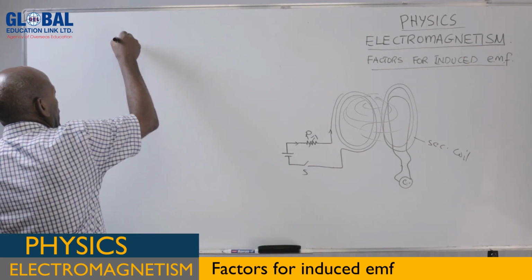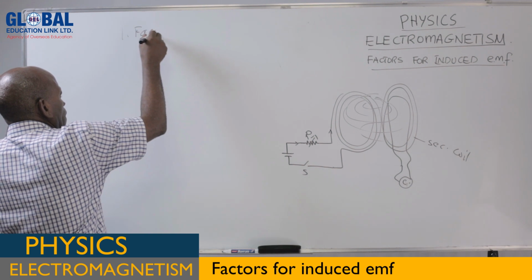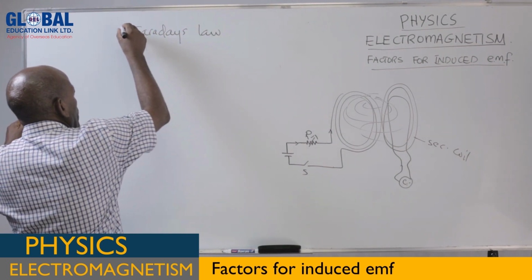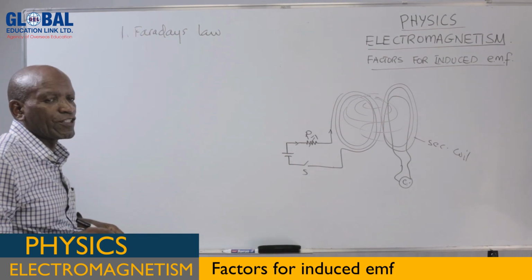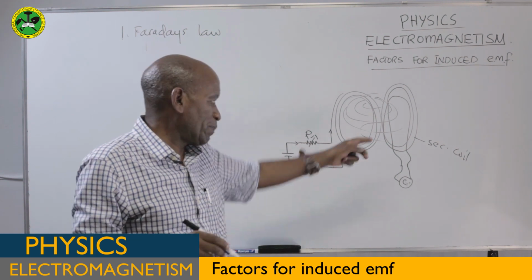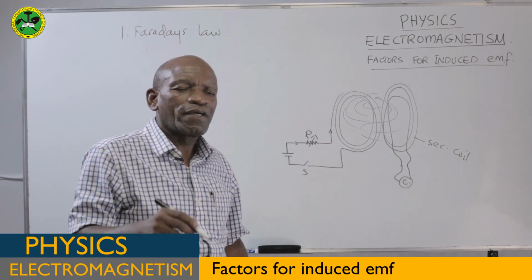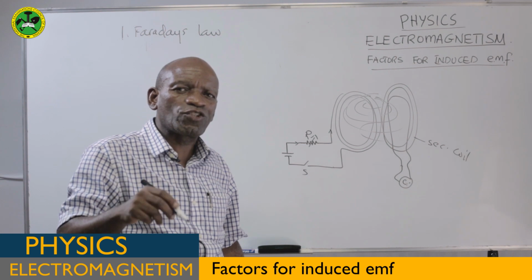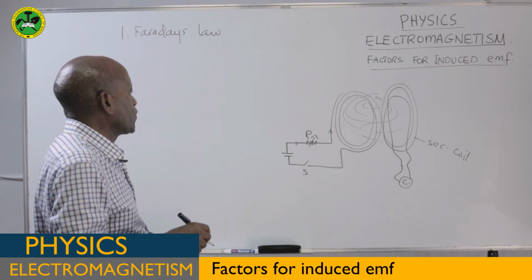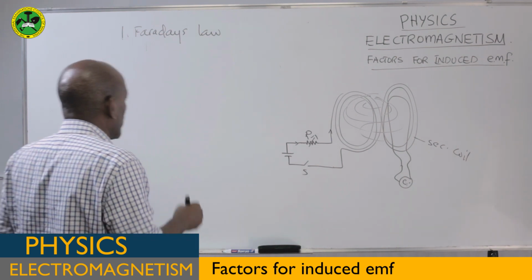So we have Faraday's law, which says that the induced EMF is equal to the rate of change of the magnetic flux. The induced EMF always is just equal to the rate of change of the magnetic flux.